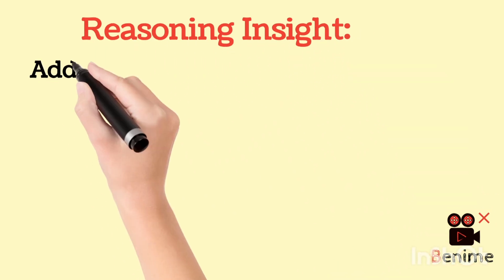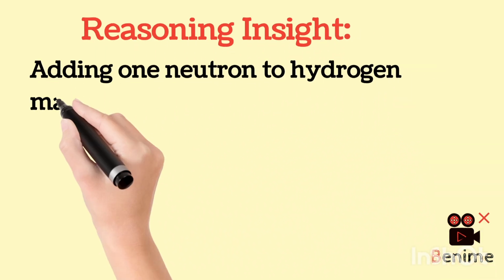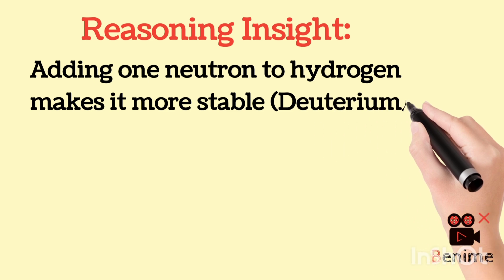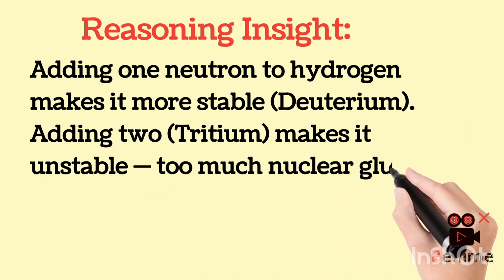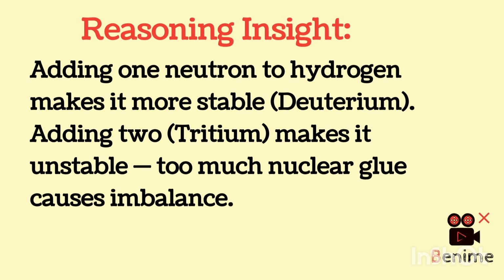First we study isotopes of hydrogen, in which protium and deuterium are stable due to a balanced proton to neutron ratio, whereas tritium is unstable due to an increased number of neutrons.